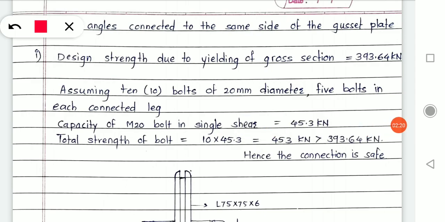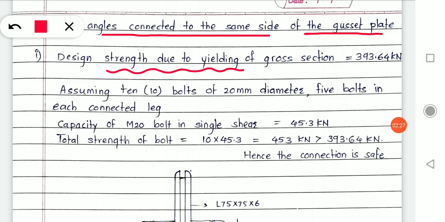So see, if two angles are connected to the same side of the gusset plate, then the design strength due to yielding of cross section will be 393.64. How come 393.64?